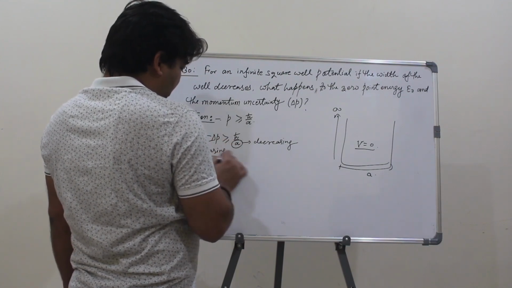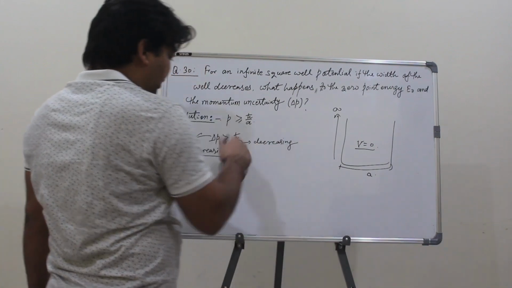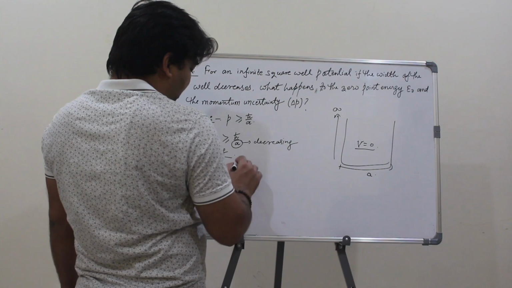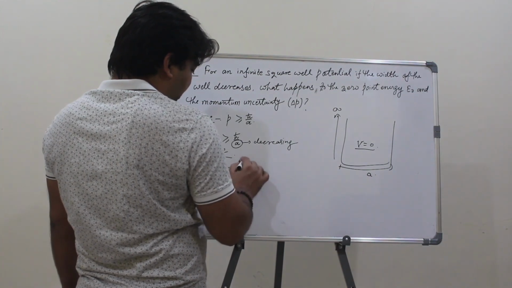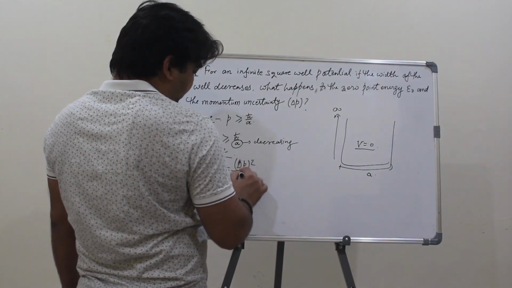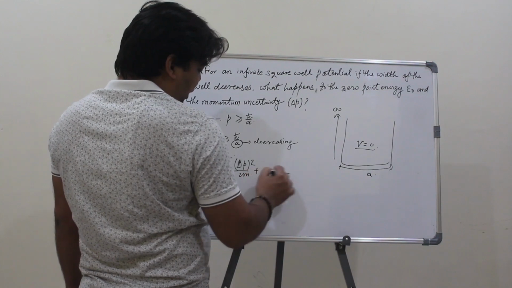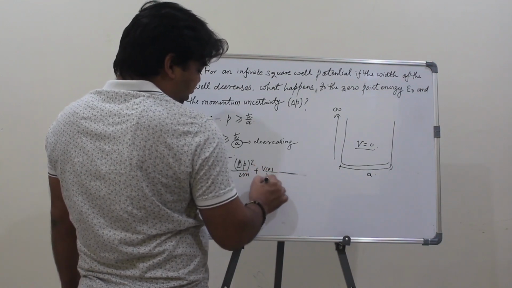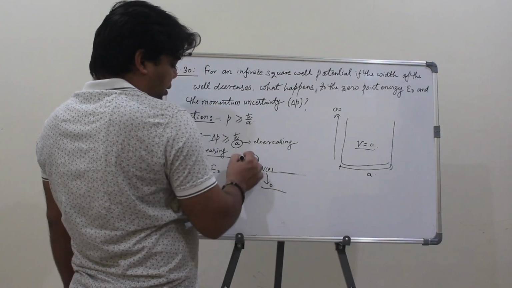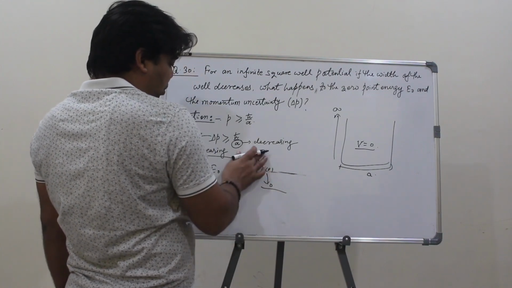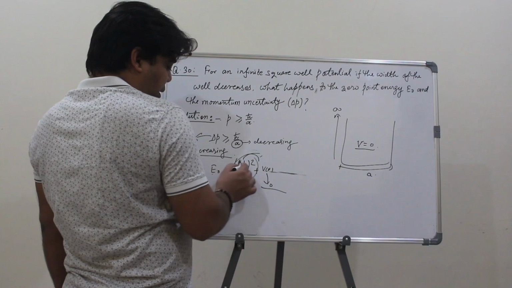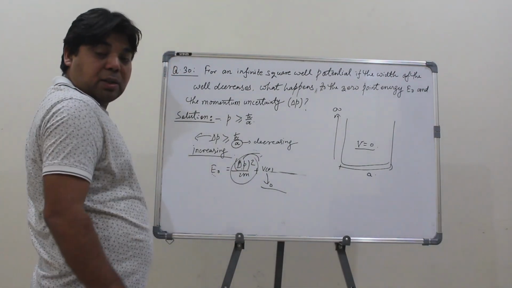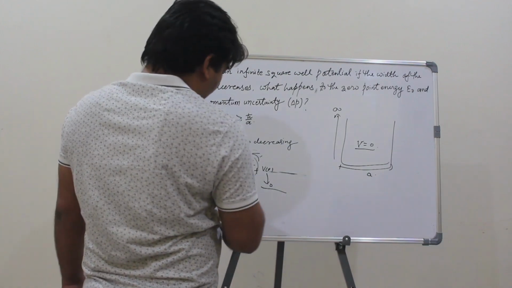Now, as it increases, you have the zero point energy E, where we assume the kinetic part as delta P squared divided by 2m, plus V(x), which is 0. So it is directly proportional to the square of the uncertainty in P. The greater the uncertainty in P, the greater the energy. So E also increases.